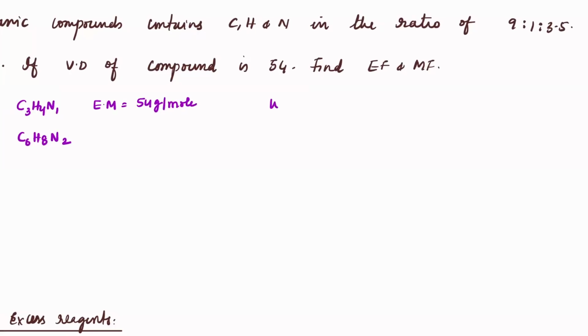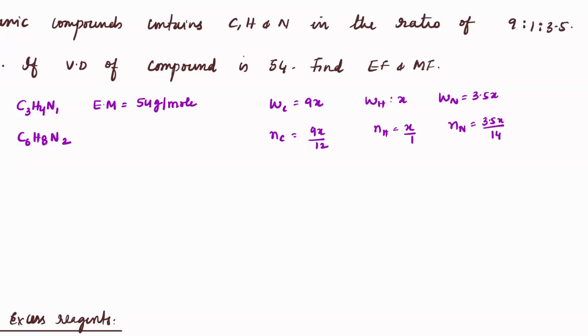All you need to do is take the ratio in terms of weights. That is, weight of carbon is 9x, weight of hydrogen is 1x, weight of nitrogen is 3.5x. Then find the number of moles: carbon 9x by 12, hydrogen x by 1, and nitrogen 3.5x by 14.